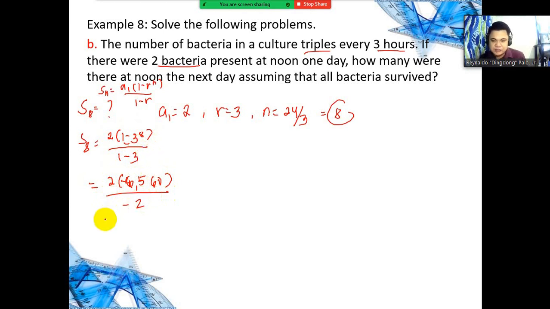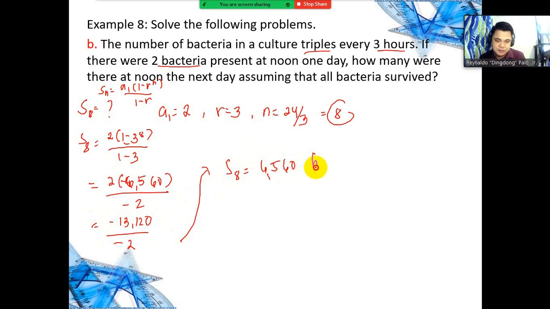Okay, so 2 times 6,560 is 13,120, or negative 13,120. Divided by negative 2, your answer will be S sub 8 equals 6,560 bacteria. So therefore, at noon the next day, you will be having a total of 6,560 bacteria. Okay, so that's the application for biology.